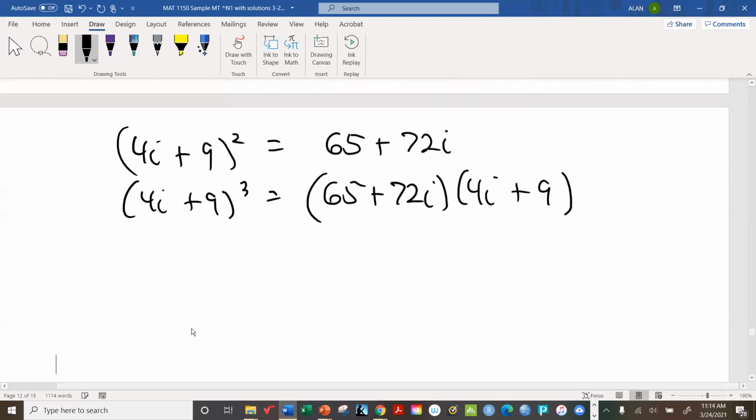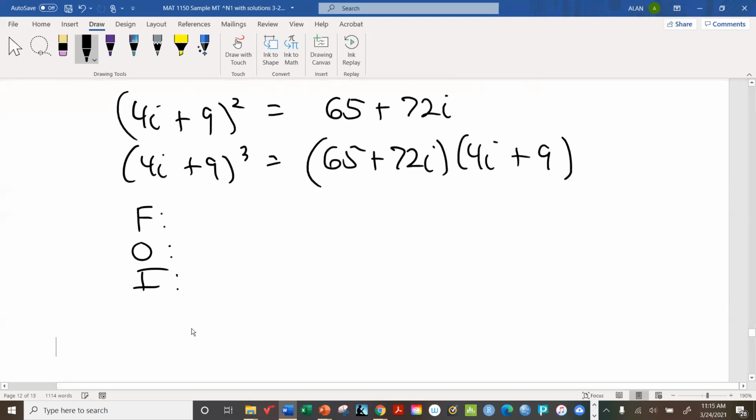And now, once again, it's a simple FOIL problem. So this might work out pretty well.